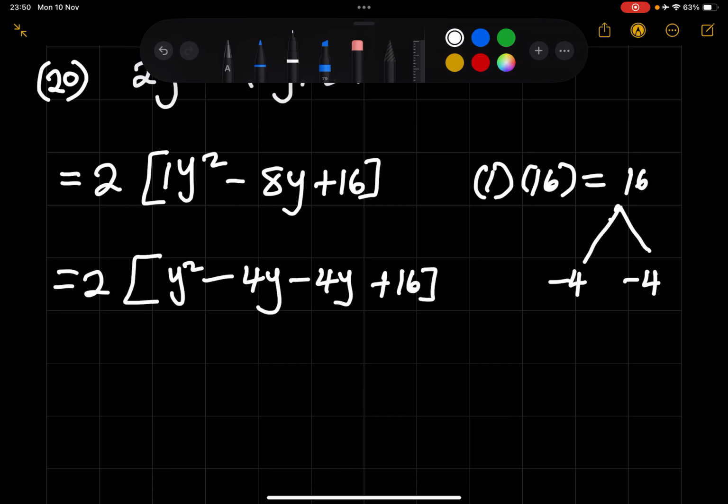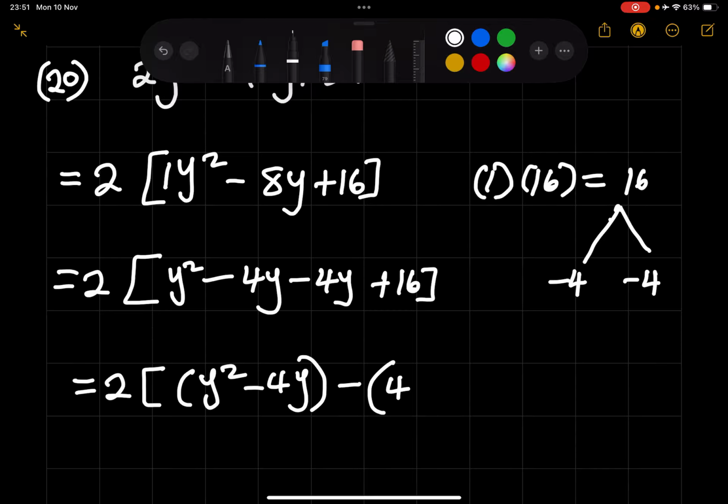Then plus 16. Then we're going to have 2 in bracket. We group them. y squared minus 4y. We have a minus, so we're going to have 4y minus 16, and you close the bracket. Remember, if this sign is a negative, this one must change so that when you multiply this and that, you still get that.